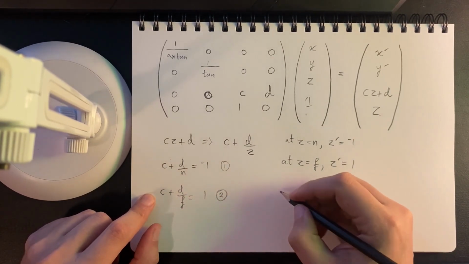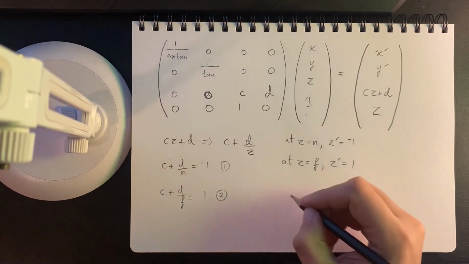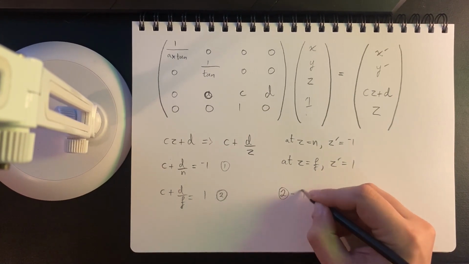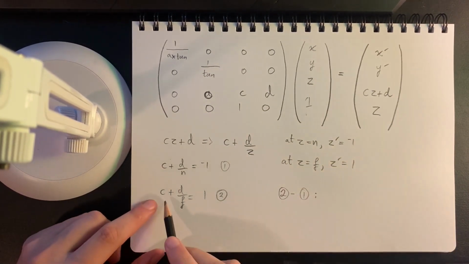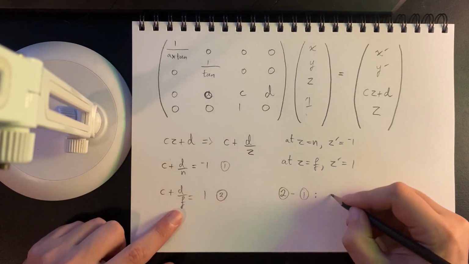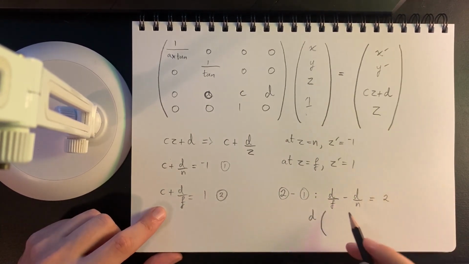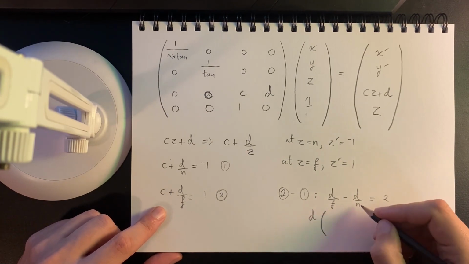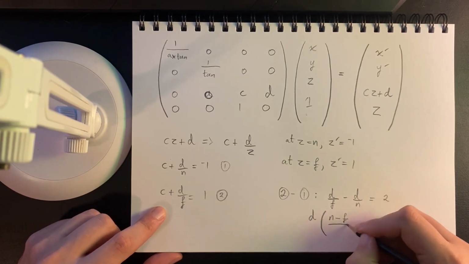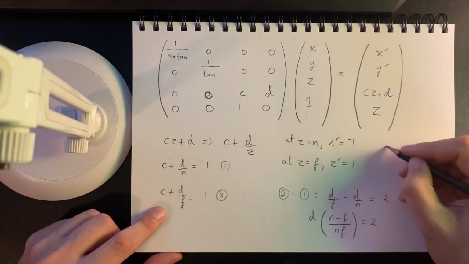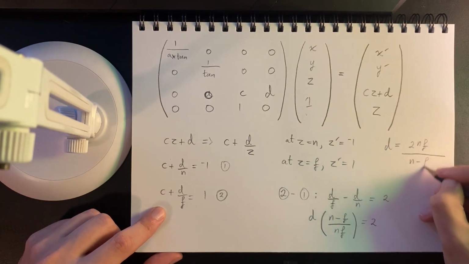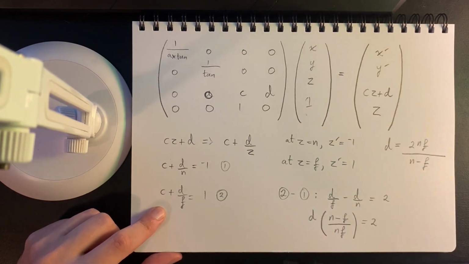Alright, so let's do process of elimination. If we take 2 minus 1, we have, well, C minus C, and factor out, so we have 1 on F minus 1 on N. Take common denominator. There we have it. Cool.